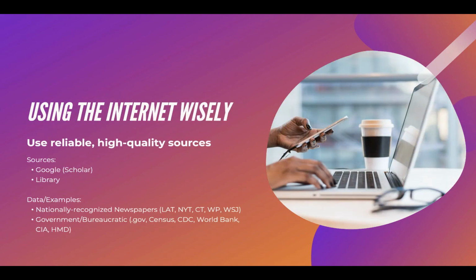Next, it's very important to start thinking about how we're going to use the internet to find these sources, right? I've already said you should probably use your library website. When you're beginning your research process or reading literature and writing up literature, you should be really relying on high quality sources from like Google Scholar or your library website.